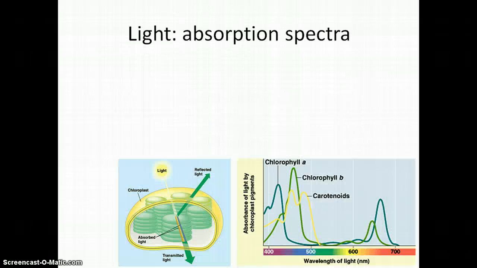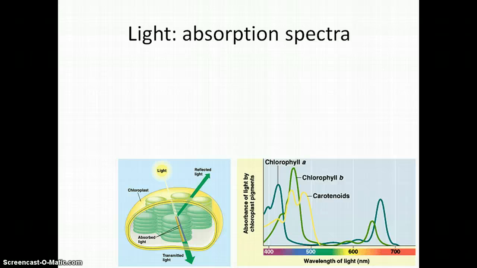So what does a plant use in terms of that spectrum of light? What it uses is what we call an absorption spectra. And we find that we can actually look at the graph here on the bottom and find particular wavelengths of light that the different pigments work best at and can actually absorb.